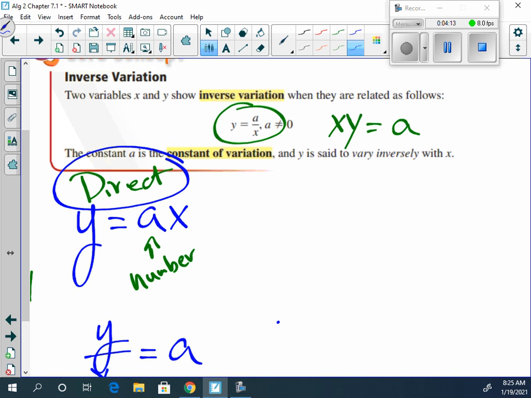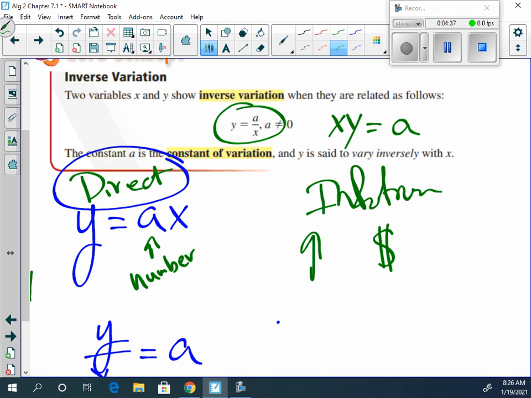More money, more inflation. So money and inflation, because as money inflates, the actual value or how much it's worth, or kind of how much money you would need to spend would go up. Yeah. That would be more inversely, because if we talk about inflation, as inflation goes up, the value of the dollar goes down.